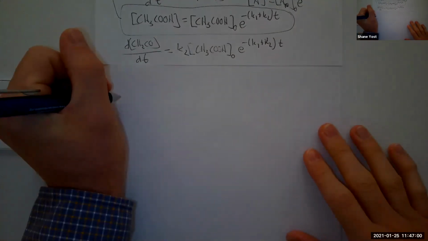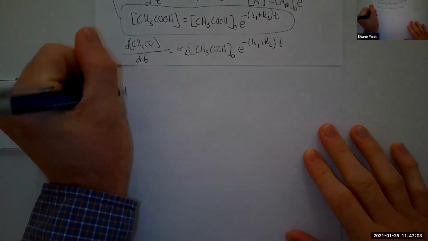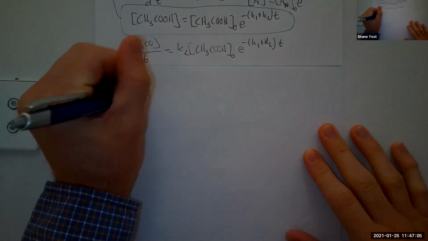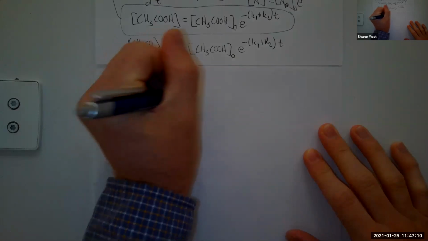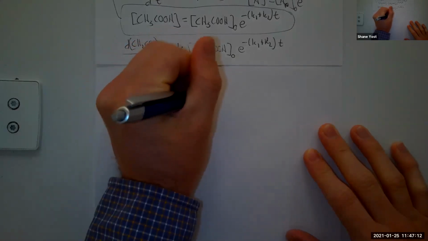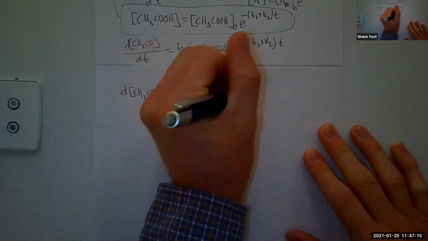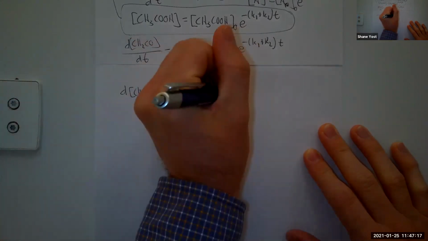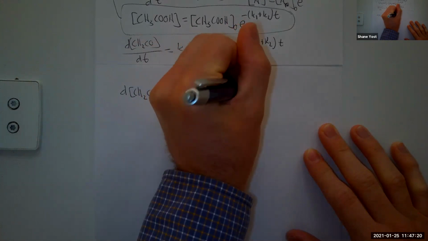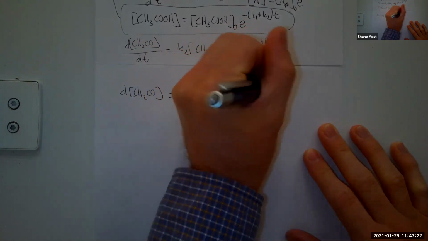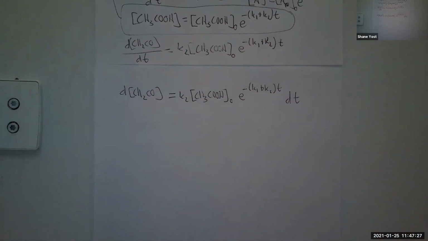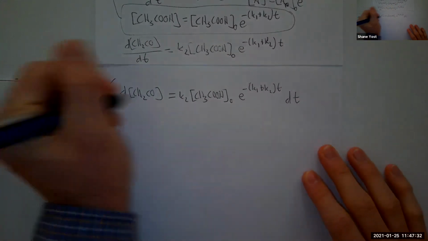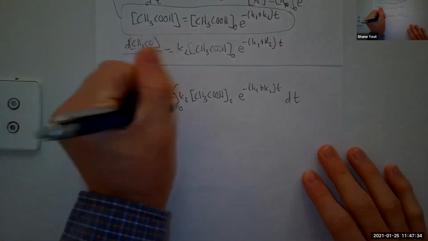So then, d[CH2CO] equals K2 times [CH3COOH]0 times e to the minus (K1 plus K2) t dt. This equation is a differential equation that I can integrate both sides from time 0 to t.